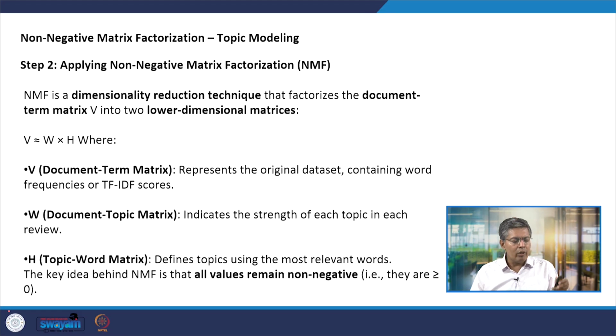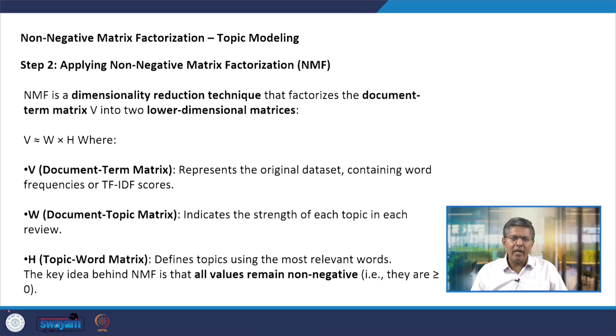W is the document topic matrix, which indicates the strength of each topic in each review. So, the strength of each topic in each review is denoted in the W matrix, or document topic matrix. H is the topic word matrix, right. So, earlier one was the document topic matrix and this is the topic word matrix, which defines the topics using the most relevant words.